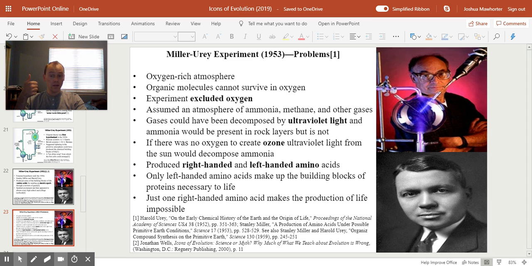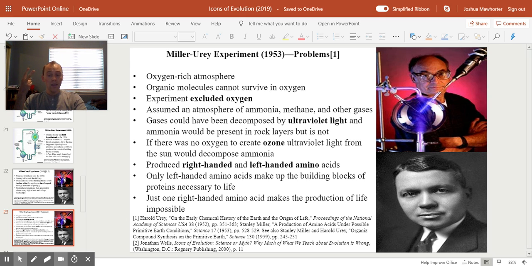Number one, assumed an oxygen-free environment, which would not have been possible or would have been highly debated. They excluded oxygen, big assumption. Number two, they allow in ammonia, but if you exclude oxygen, that ammonia would not be able to survive under the ultraviolet light of the sun and the radioactivity.